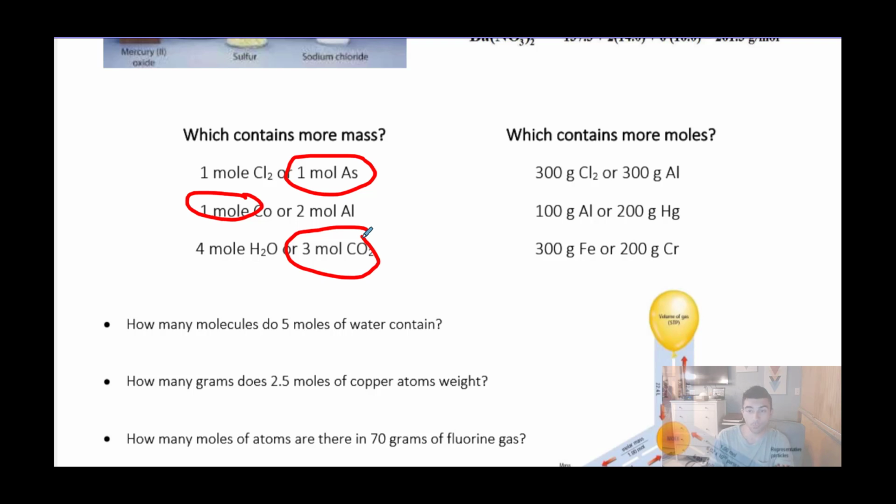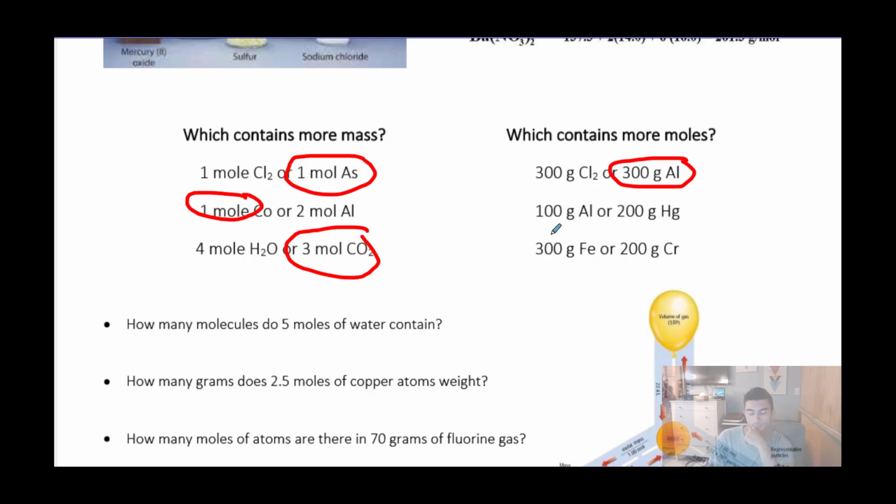So there's about 4 moles in 300 grams of chlorine. Where in 300 grams of aluminum, if we check the periodic table, aluminum has a molar mass of about 27. So there's way more moles in 300 grams of aluminum. The one that has the lower molar mass is going to have more moles in equal gram samples.